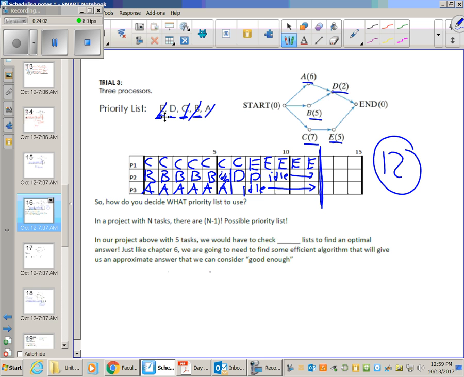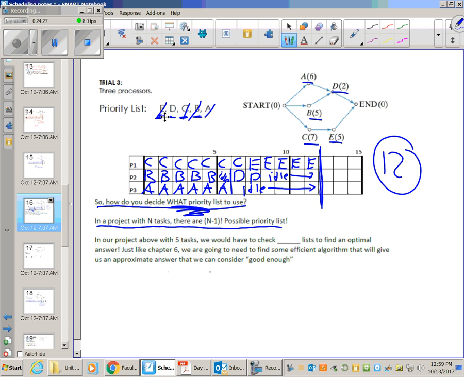Okay? So as you see, we went through those 3 examples with the same project diagram. We changed the priority list. We changed the amount of processors. So the question is, how do we decide what priority list is best to use in order to give us the smallest finishing time? In a project diagram with n tasks, there are n minus 1 factorial possible priority lists.